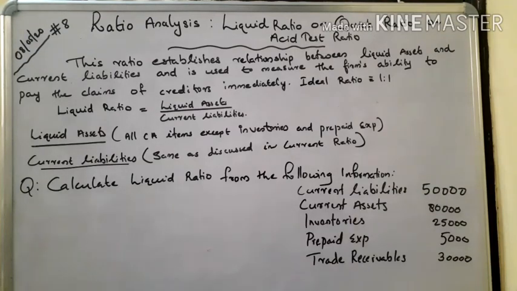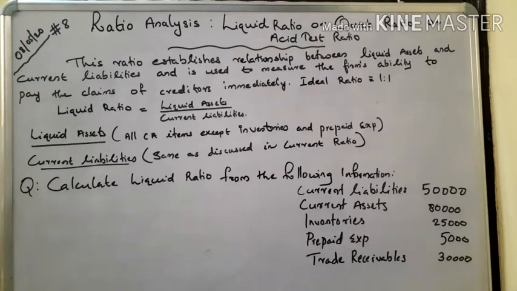This ratio establishes a relationship between liquid assets and current liabilities. So, this liquid ratio shows the relationship between liquid assets and current liabilities. And we mainly use this ratio to measure the firm's ability to pay the claims of creditors immediately.